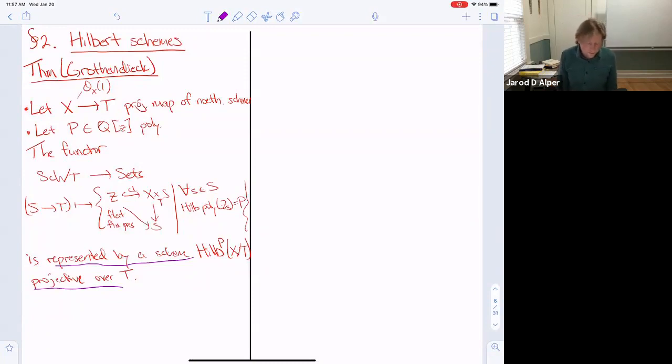It's a nice argument, and it uses a number of important concepts like regularity and flattening stratifications. But I'm not going to say much more, other than that we'll use this result. Any questions?